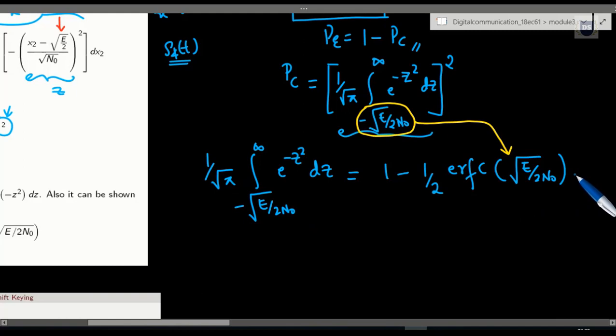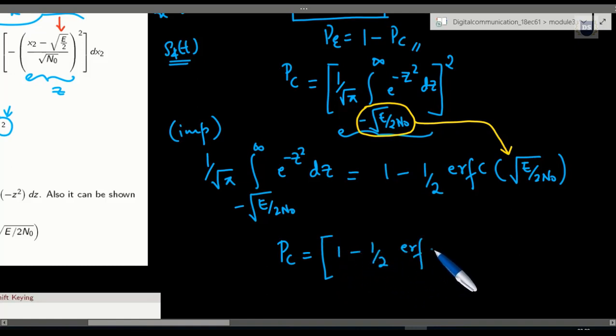This is an important relationship that we have to remember. Let's use this relation back in our previous expression for the probability of correct decoding. In this portion of the square bracket, I can substitute 1 minus 1 by 2 complementary error function of square root of E by 2N naught, whole square.